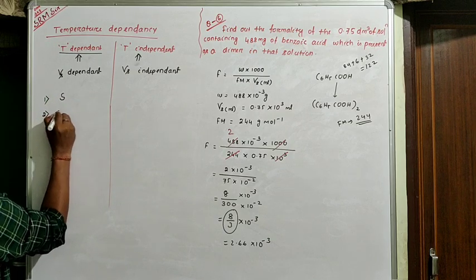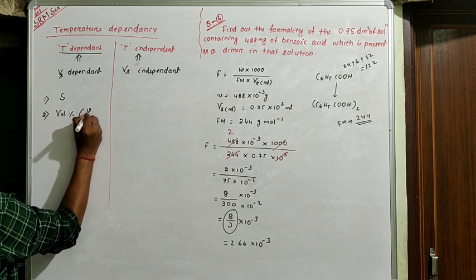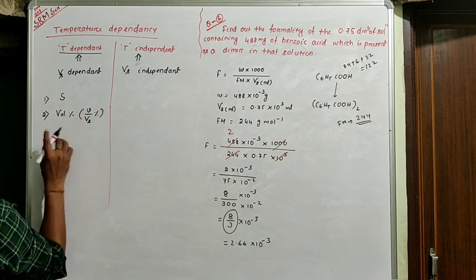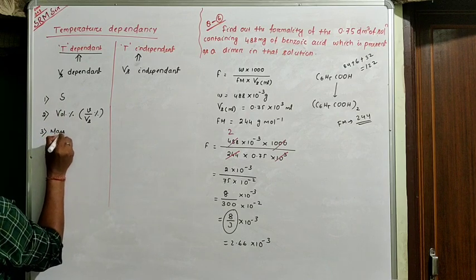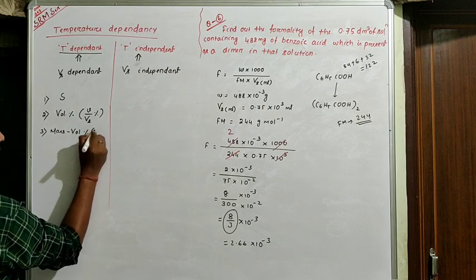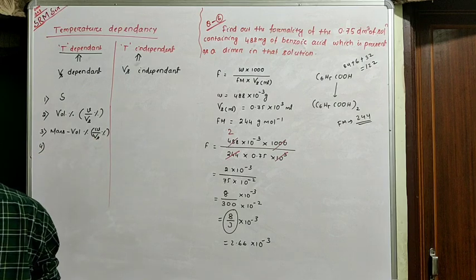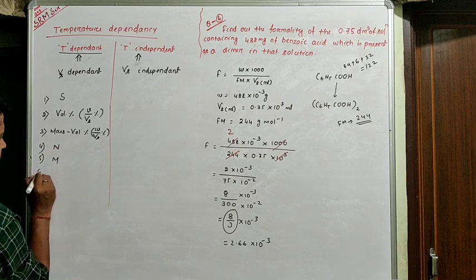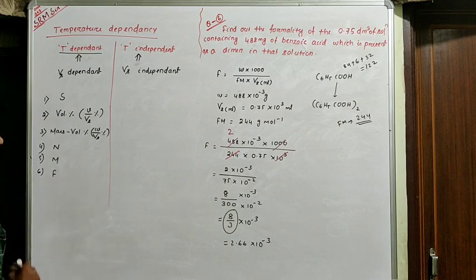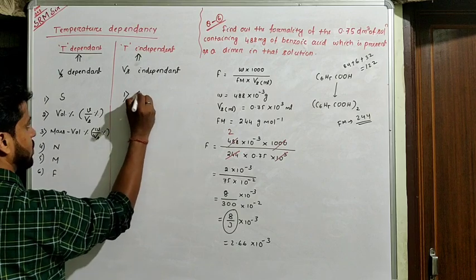Number 2, volume percentage, that is small v by Vs percent, volume dependent. Then mass volume percent, that is small w by Vs percent. Then normality, molarity, then formality.